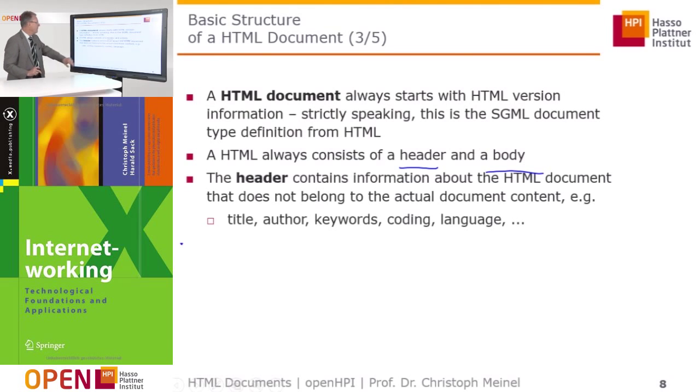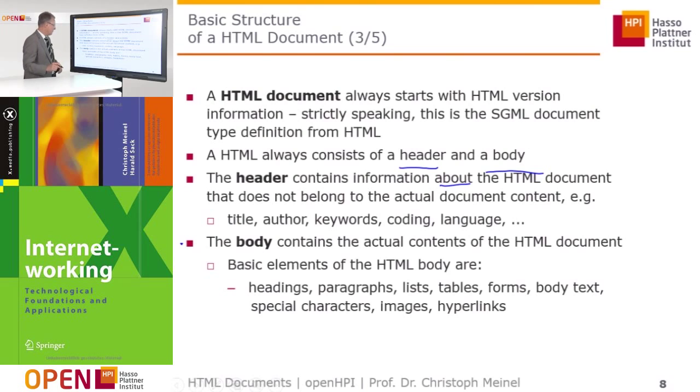The header contains information about the HTML document. We speak here of meta information, and it does not belong to the actual content of the document. It tells, for example, who was the author of this document, what is the title, what are some keywords characterizing the text, which kind of coding or language is used.